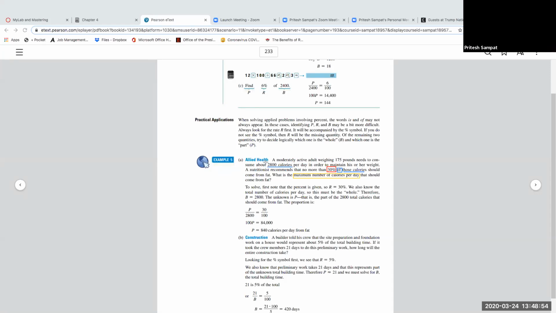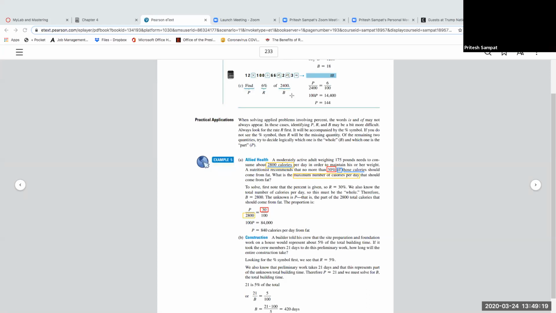This was the total number of calories, 2,800 per day. So if you look at this setup, the total number of calories, 2,800, is your base. Our rate is 30%. So we know that's going to go where our percentage is located.